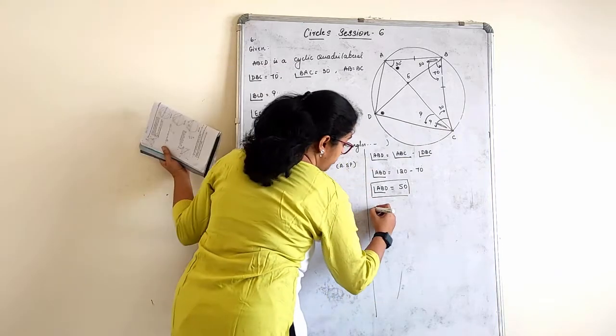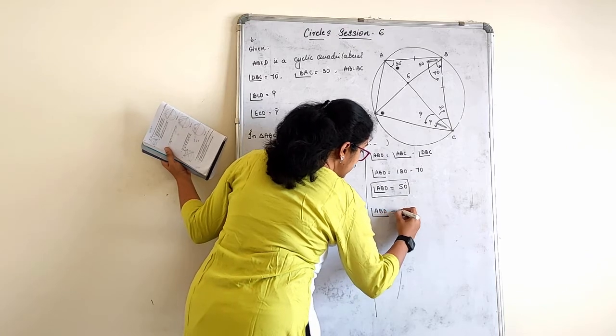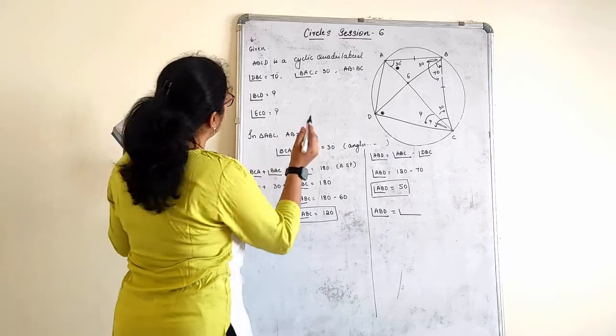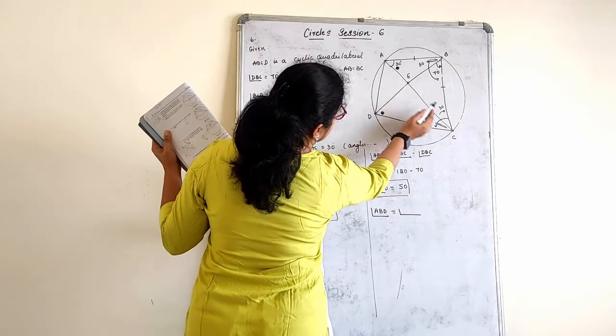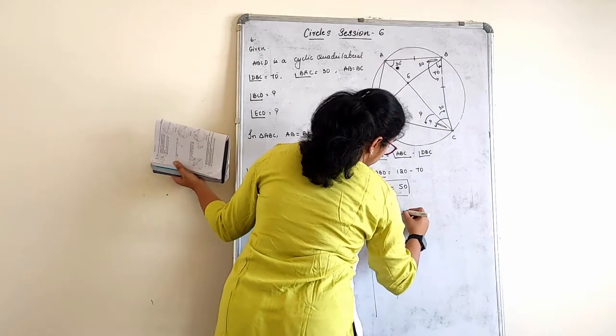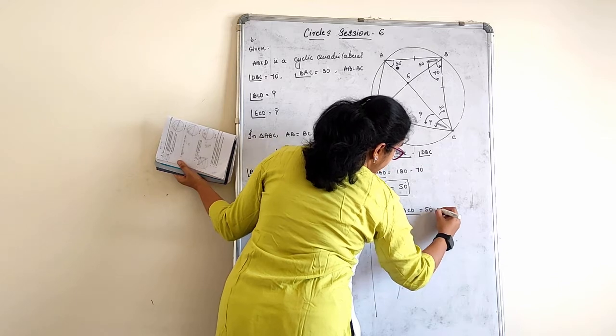Okay. Now, angle ABD is equal to angle, what they have asked you to find, ECD, right? ECD, I will just write ACD, is equal to 50.